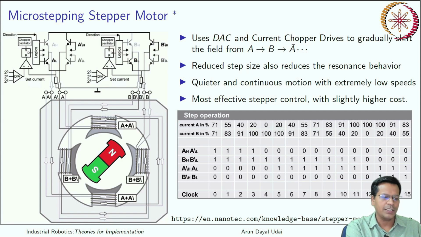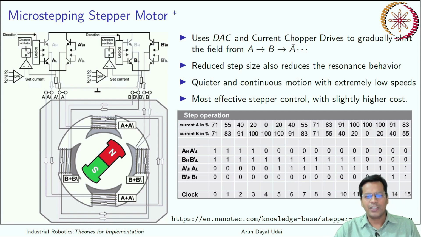So 71% of pole strength will effectively create the full strength at the 45 degree location. This is the position here. That is one of the demonstrations. In one of them it varies as cosine, the other varies as sine, and that is how it works.